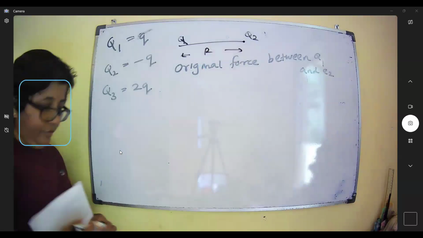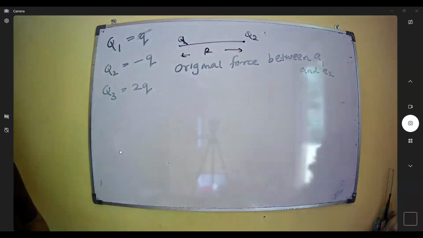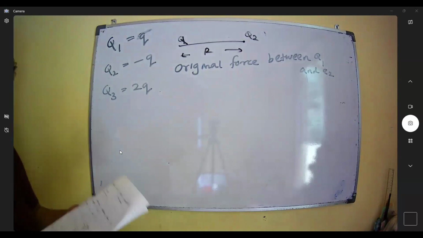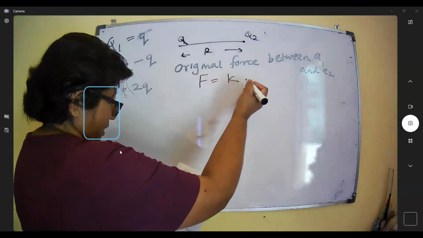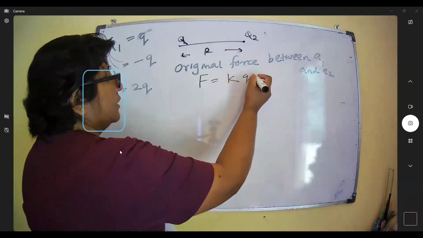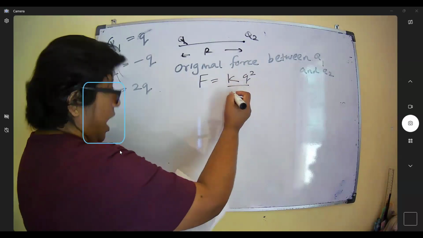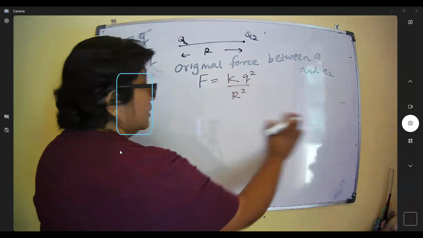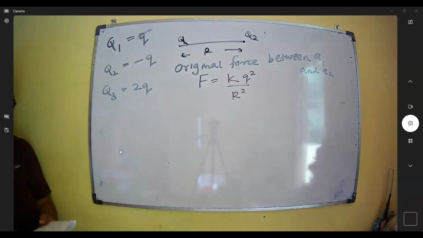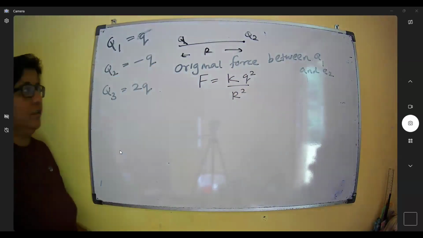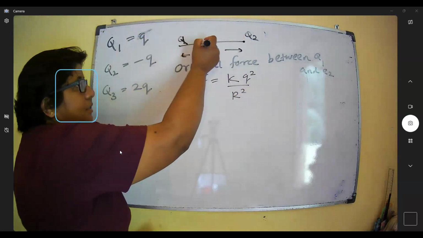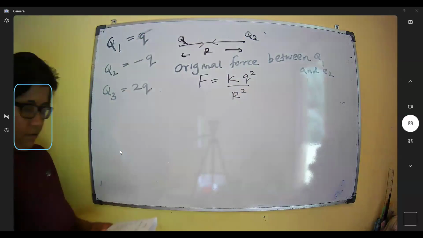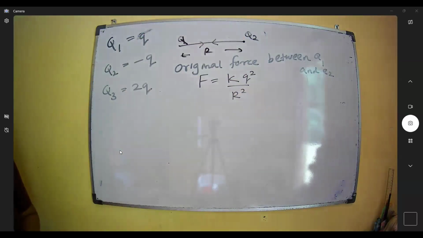This is equal to F. They are giving it as F. Then we can write F equal to K Q squared over R squared. This is the attraction force between Q1 and Q2. So F equals K Q squared over R squared, the original force.